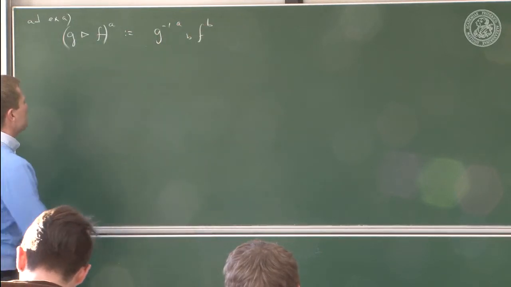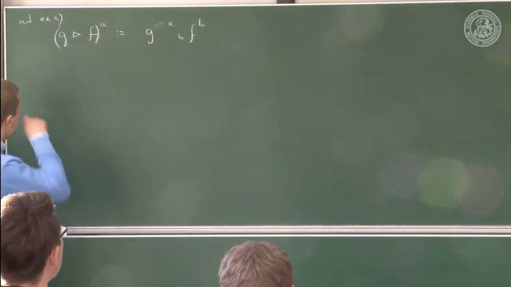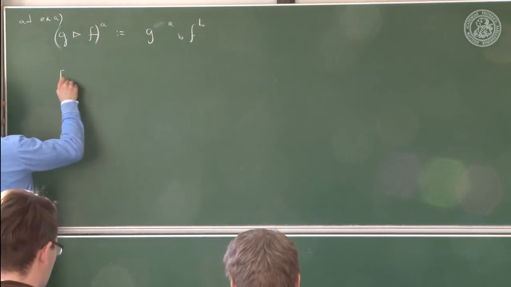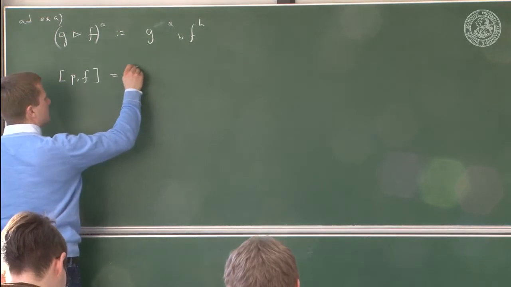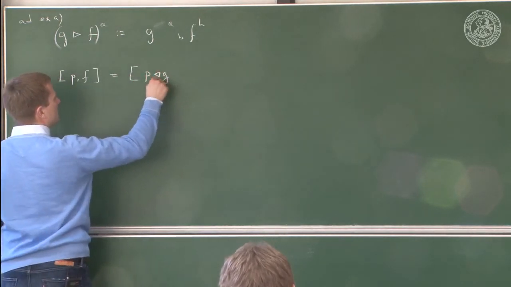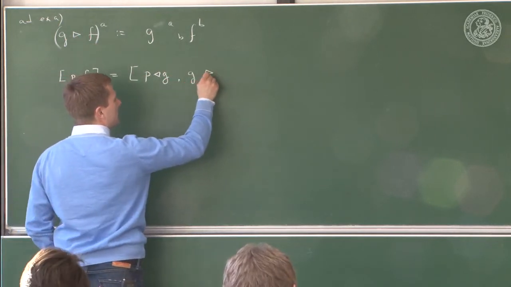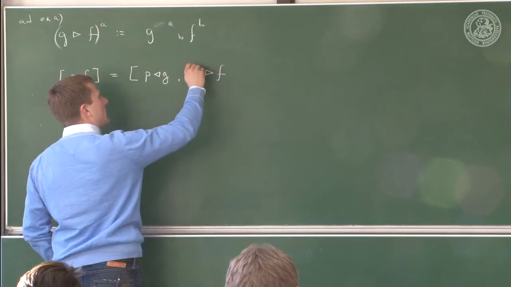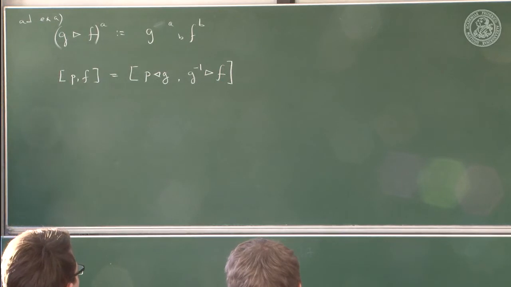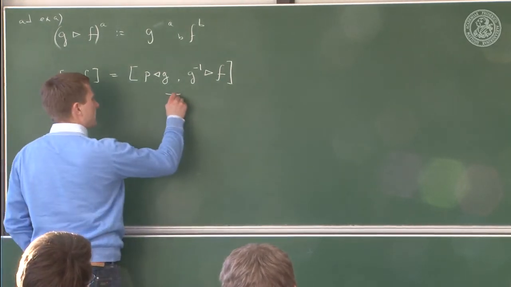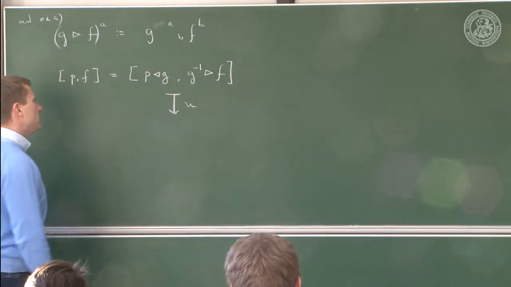If you really want to get this together with what I said before, you need to remove the g inverse, because the equivalence classes [p, f] were defined such that the right action of G on the principal bundle, together with the left action of G on the fiber, where we already put the g inverse, needs to work if you send this via this map u.